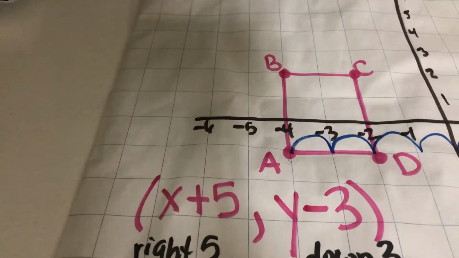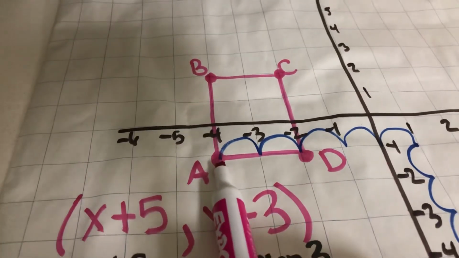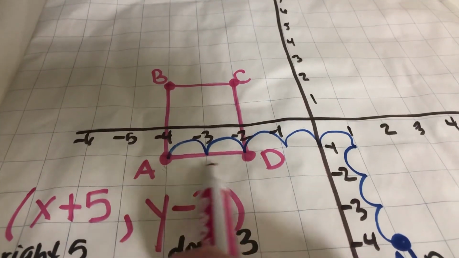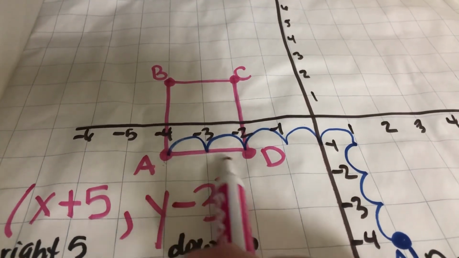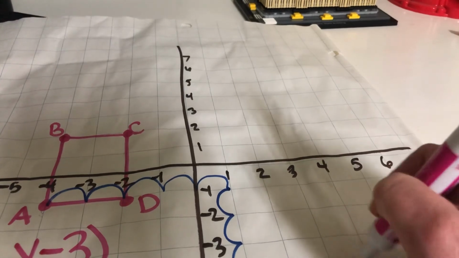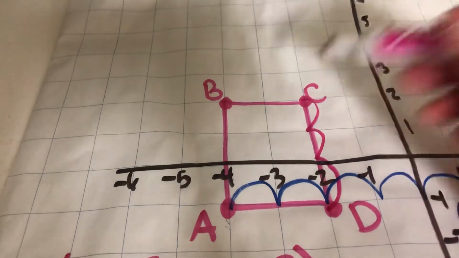So once I've confirmed that A is in a good spot, then I can simply translate all of my points. I can move my points, slide my points. Now, from A to D is 1, 2 to the right. So from A1 to D1, it is 1, 2 to the right. And I'm going to label that D1. Now, from D to C is 1, 2, 3 up.